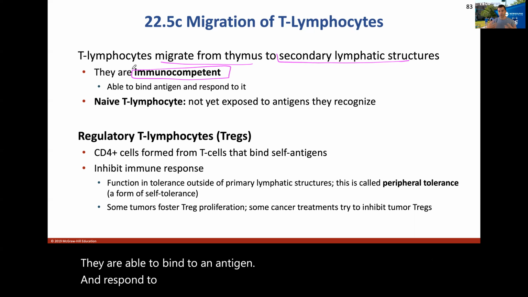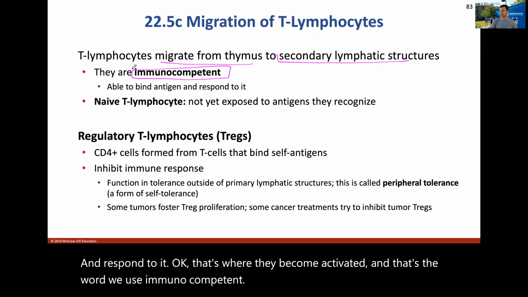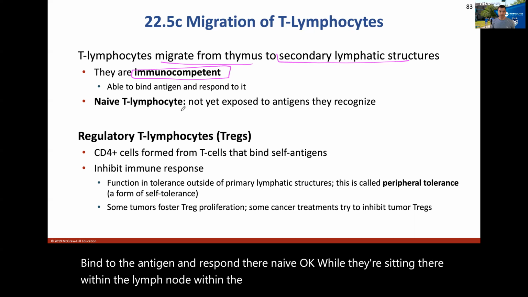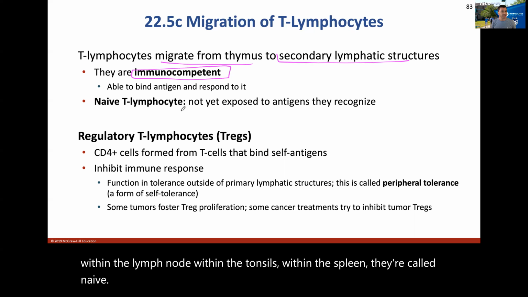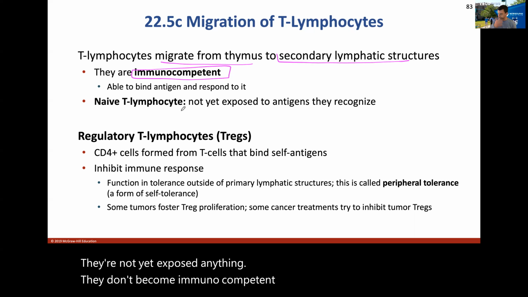That's where they become activated, and that's the word we use, immunocompetent. Bind to the antigen and respond. They're naive while they're sitting there within the lymph node, the tonsils, the spleen. They're not yet exposed to anything. They don't become immunocompetent until they bind to something.